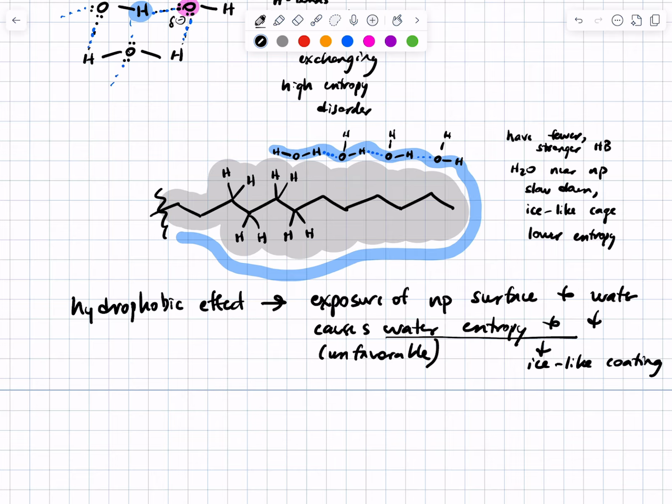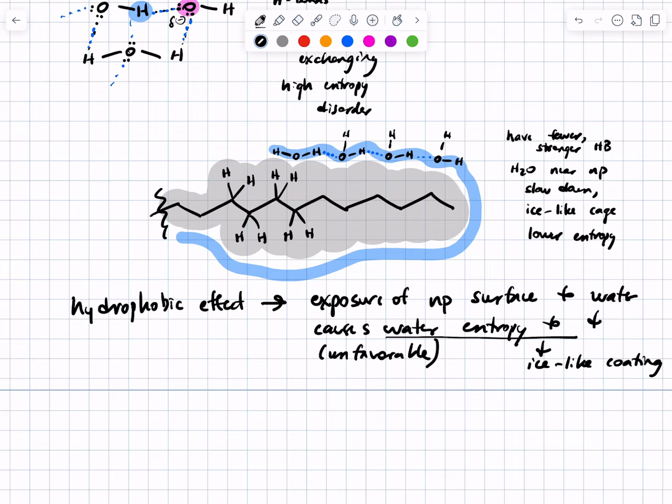But the big reason is, as I said, it's not that the van der Waals interactions between the oils are strong, they're not, but it's that water can't replace those interactions with anything favorable. And in fact, water forms this low entropy ice-like coating around the nonpolar stuff, and that's unfavorable. Okay, so it's better for the two never to mix in the first place.